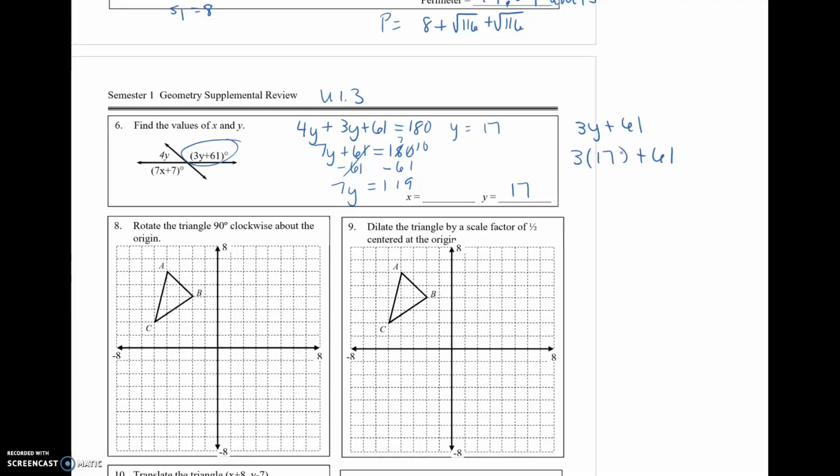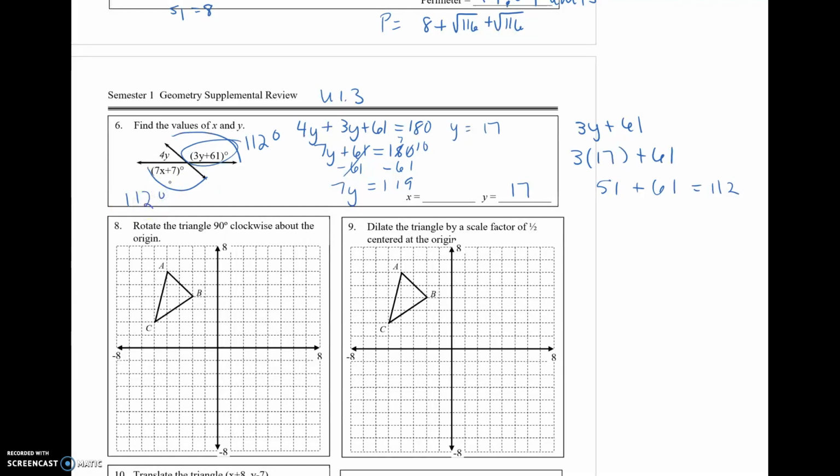So 17 times 3 is 51 plus 61. If I add that up, I should get 112. So that tells me that this is 112 degrees. And because these are vertical angles, this must also be 112 degrees.